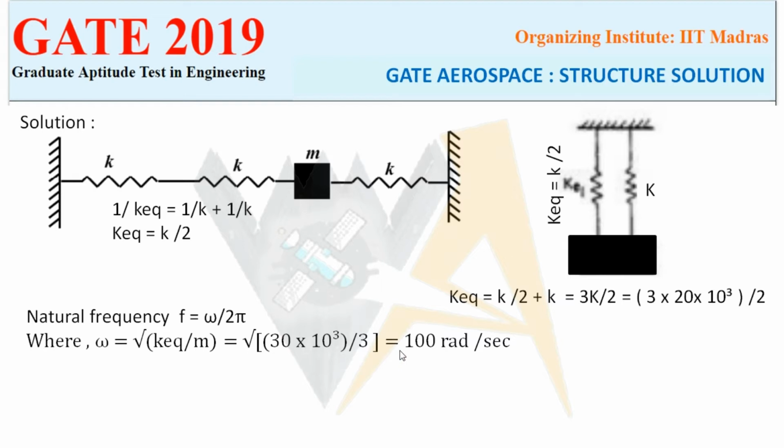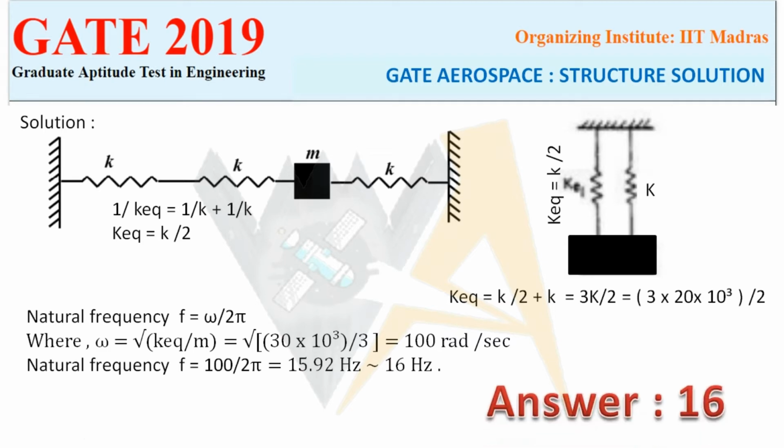Mass has already been given in the question, and we get the result as omega equals 100 radian per second, and this value has to be substituted in the previous equation. Now f equals 100 by 2 pi equals 15.92 hertz, and they have asked for rounding off to integers, which equals 16 hertz. So the right answer is 16.